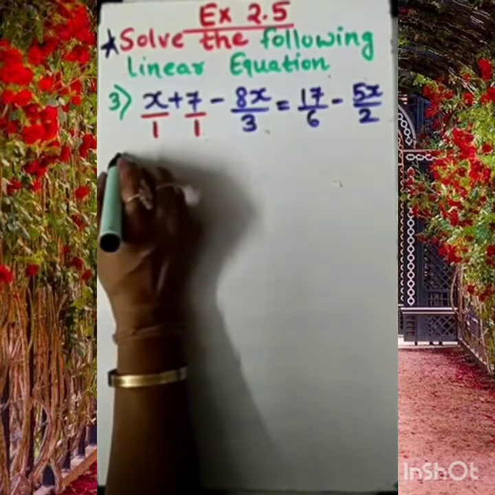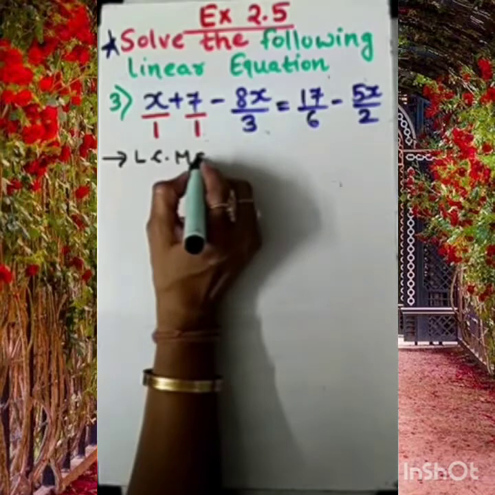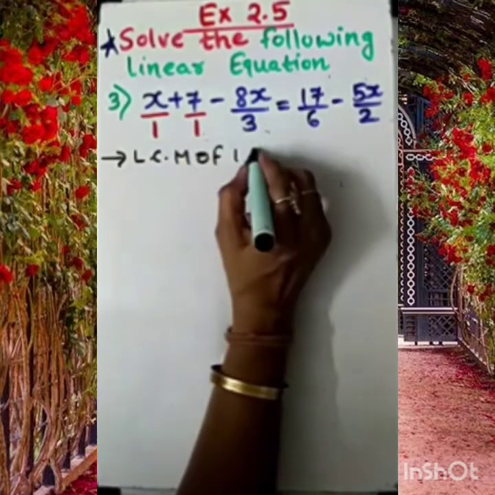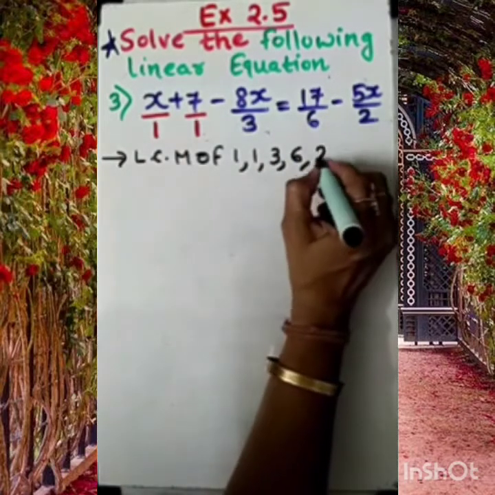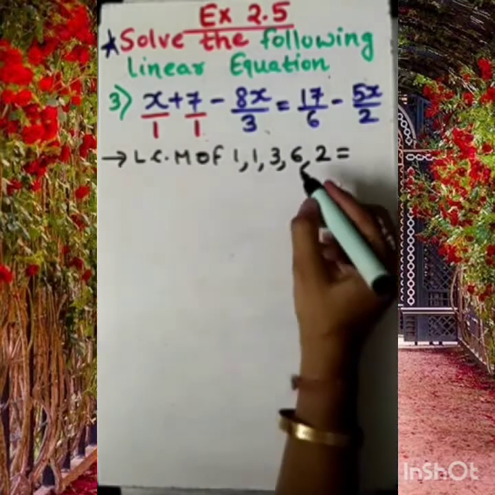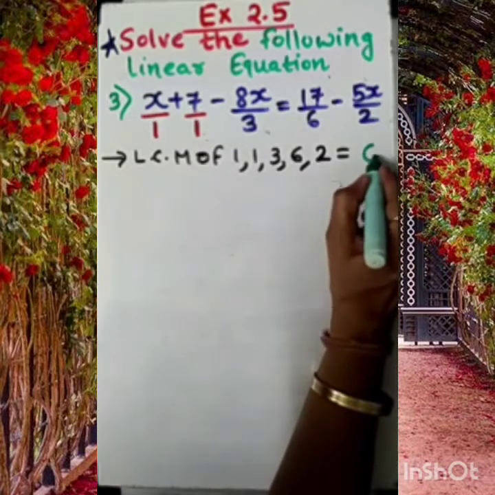I am going to take the LCM altogether of all the numbers of the denominator. So LCM of which numbers I am talking about? 1, 1, 3, 6, 2. So of course if you find its LCM in rough columns, it will be 6.